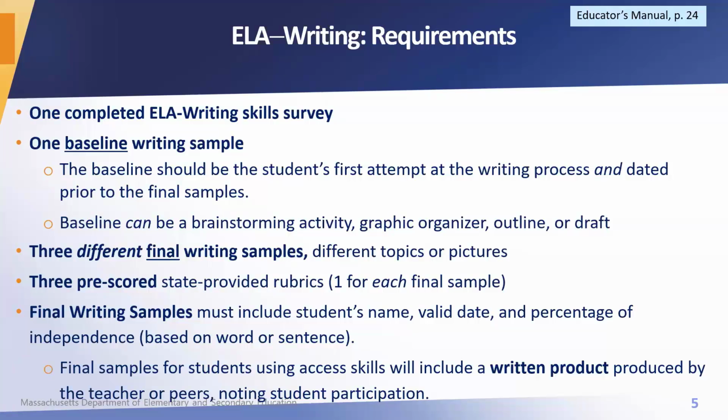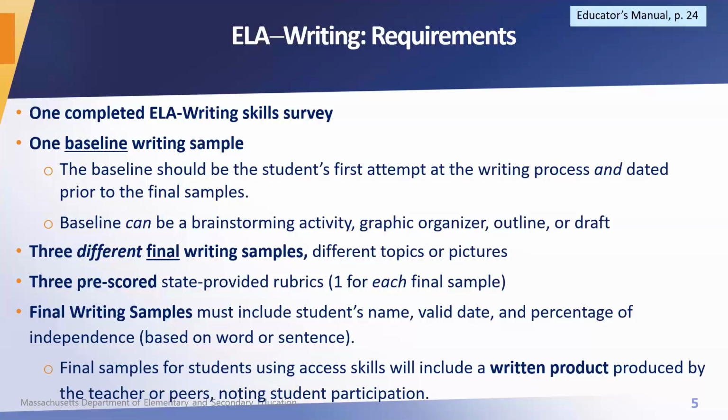Now, everything else I've been saying to you, get started. Don't wait. Make sure that you have something in place. But with writing, I feel like writing is something you can take your time with. Once you get that initial baseline done, you can take your time and continually work on different areas of writing until you come up with 3 final writing samples.